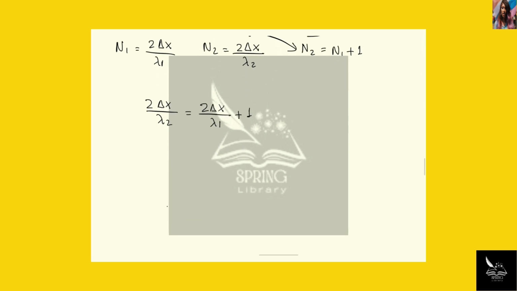And then, solving for delta x, we will have that it is equal to the wavelength 1 times the wavelength 2, divided by 2 times the difference between the wavelength 1 and the wavelength 2.